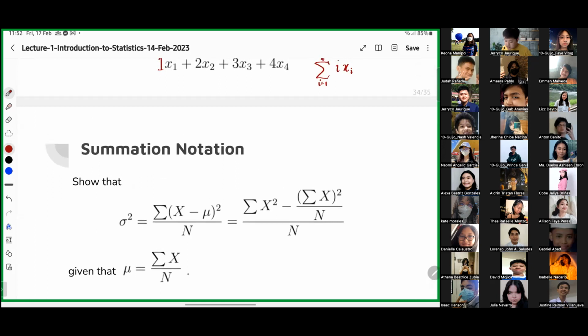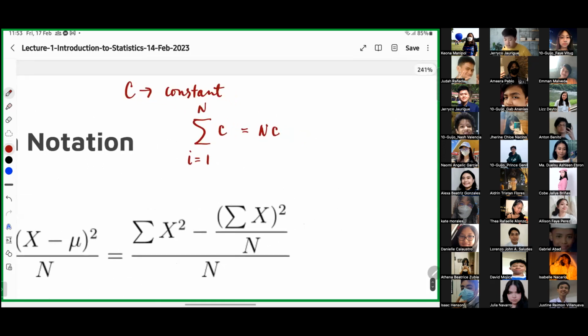If C is a constant, then the summation of C from I equals 1 to N equal lang yan sa N times C. That's the first na natutunan natin, no? Pag may constant daw.